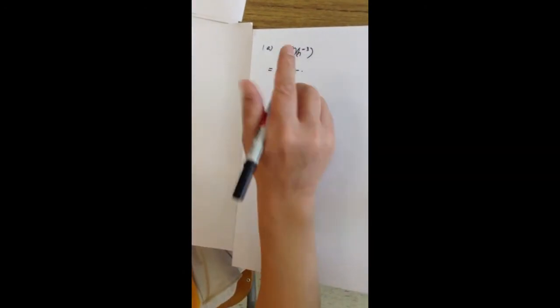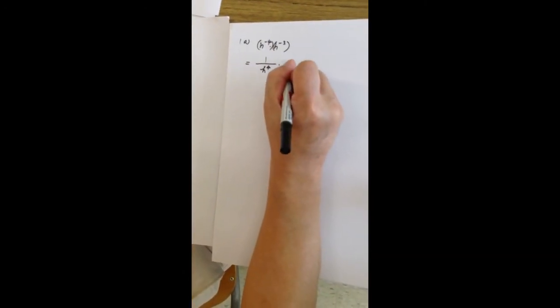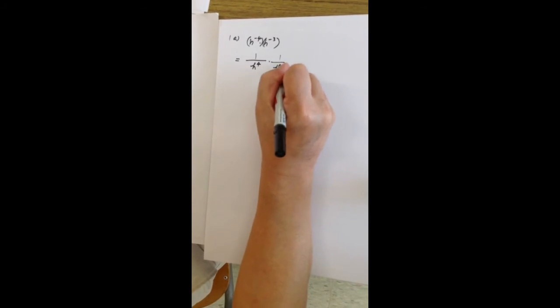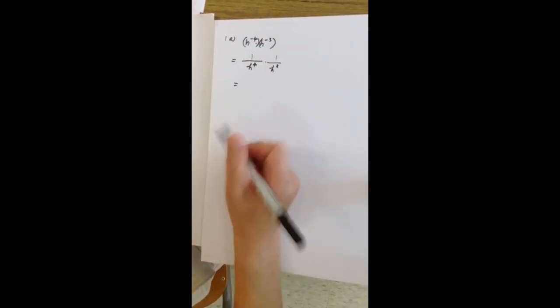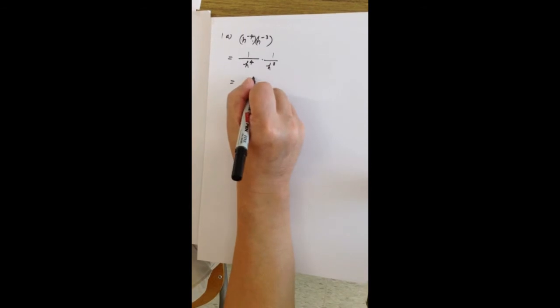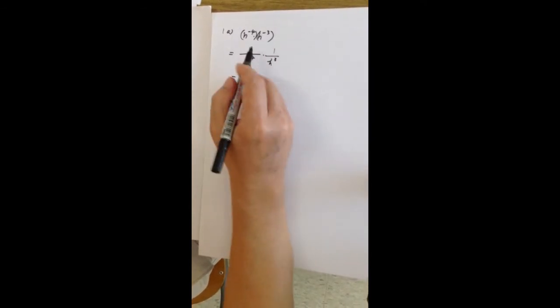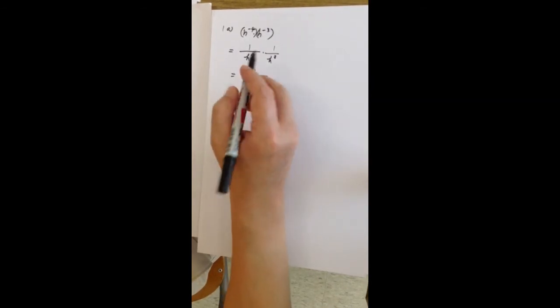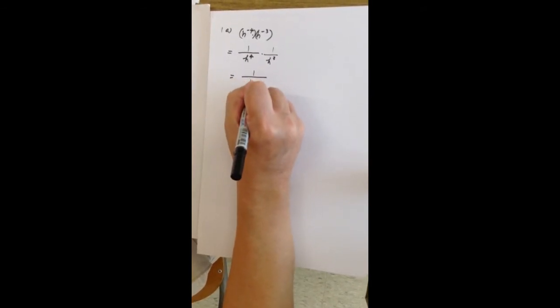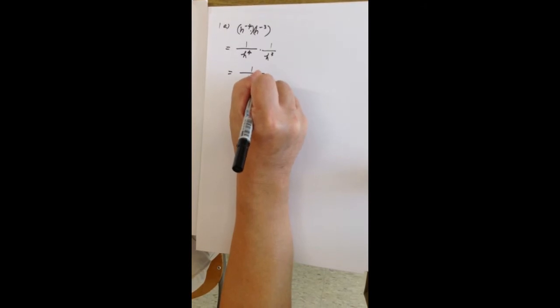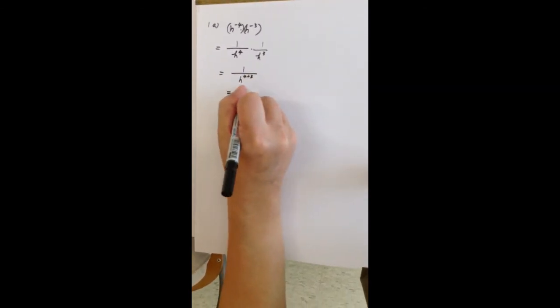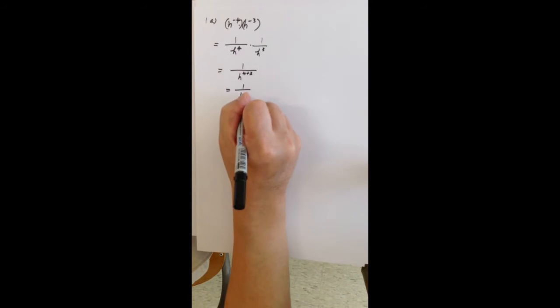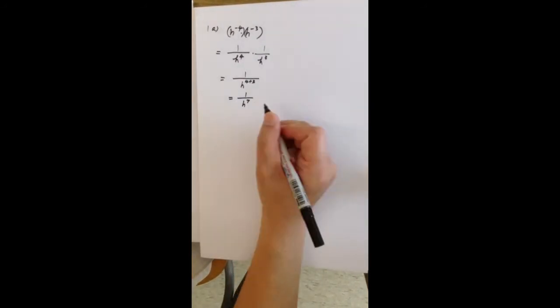Similarly, the second round bracket is equal to 1 over x to the power 3. And then, after simplifying, the numerator is 1 times 1, so it is equal to 1. And the denominator is x to the power 4 plus 3. Therefore, it is equal to x to the power 7.